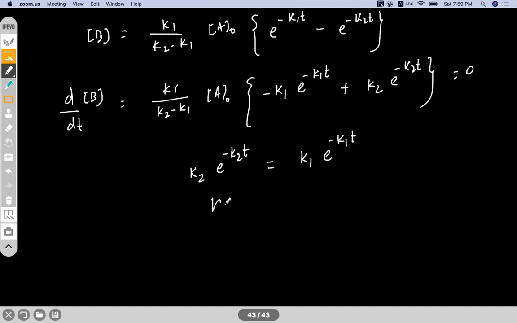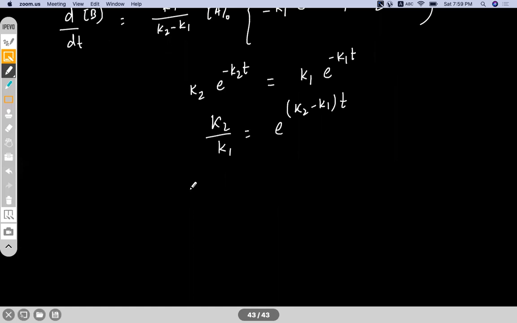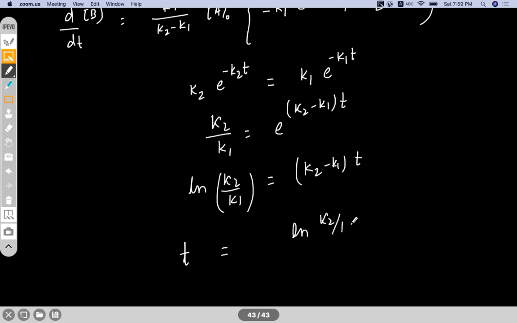So K2 by K1 is equal to e to the power K2 minus K1 into T. Now if you take ln on both sides, ln of K2 by K1 equals K2 minus K1 into T. The time at which B becomes maximum is ln of K2 by K1 divided by K2 minus K1.